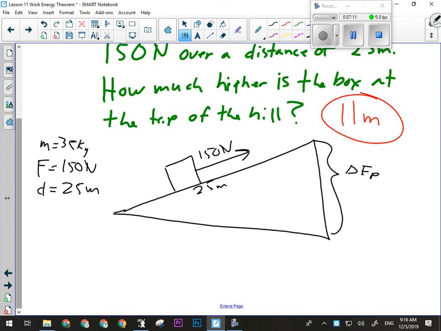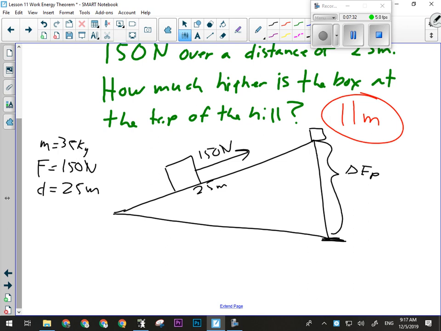Because I'm pushing it at a constant speed, I don't change its kinetic energy at all. It's just moving at like 1 meter per second or whatever. Its kinetic energy isn't changing in this case. So it ends up here at the top of the ramp. It started down here. So what I need to do is find out how high is the ramp.